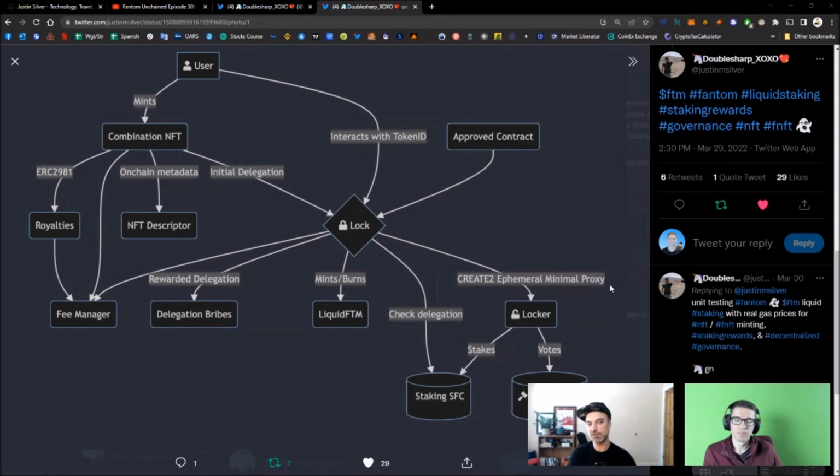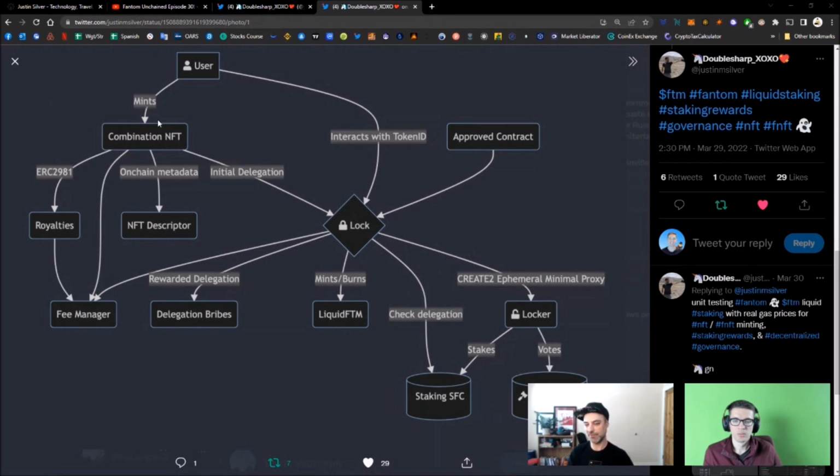And I was able to take advantage of this by taking the token ID from the combination NFT on the top left, passing that through the lock, which is able to create this ephemeral, so it's like temporarily existing, contract using create2, so that I can always generate the same address on the locker for that token ID, and then use that exact same address every time to interact with the SFC or the governance contracts or other contracts on the network as that NFT.